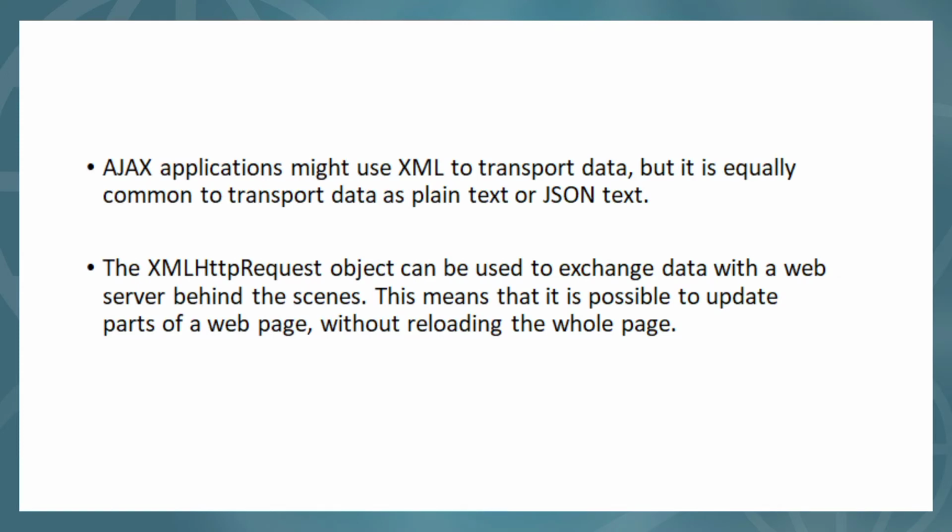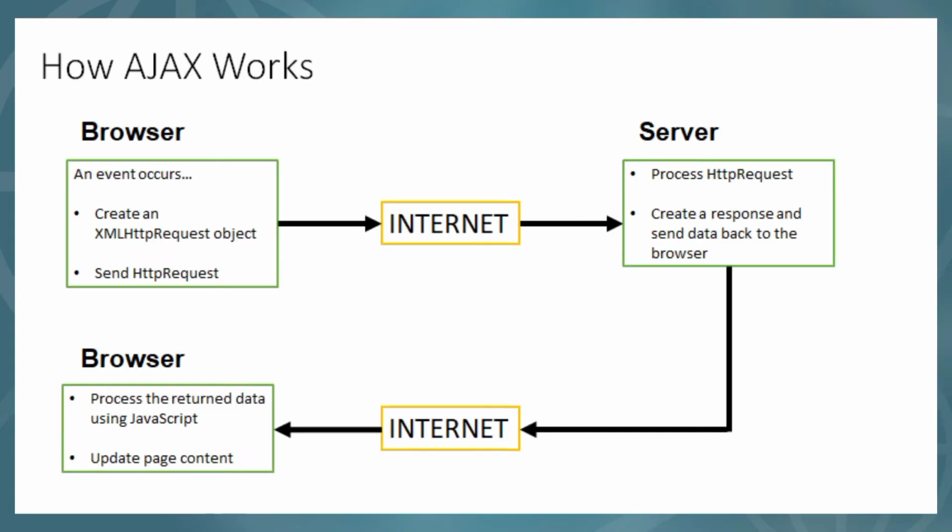AJAX applications might use XML to transport data, but it is equally common to transport data as plain text or JSON text. The XMLHttpRequest object can be used to exchange data with a web server behind the scenes. This means that it is possible to update a part of the web page without reloading the whole page.